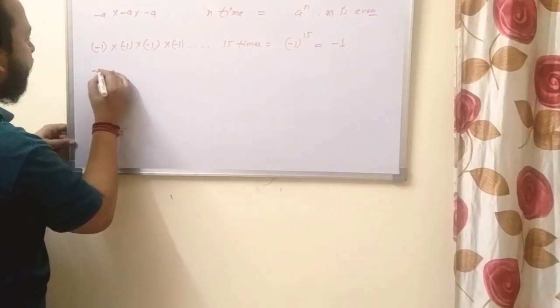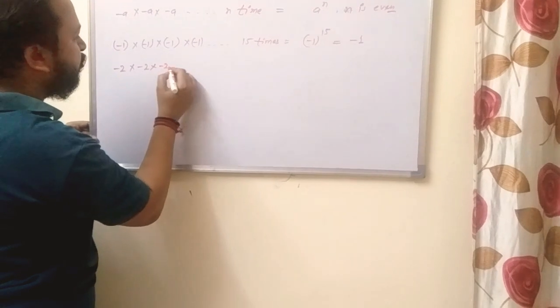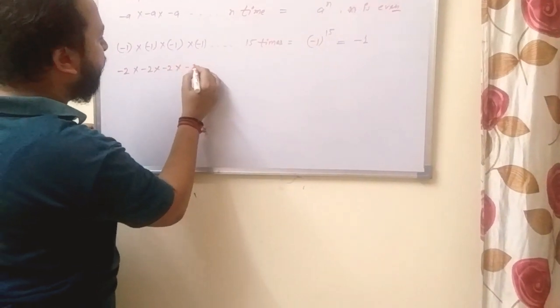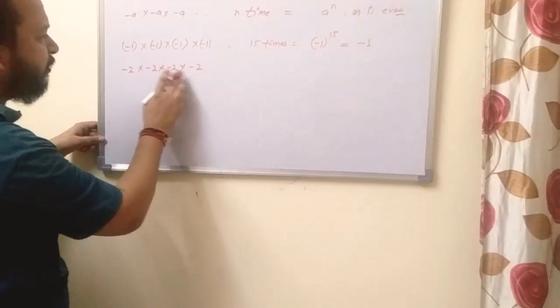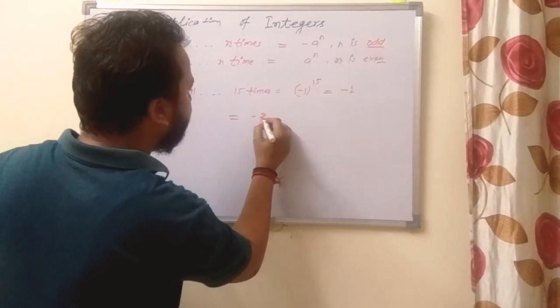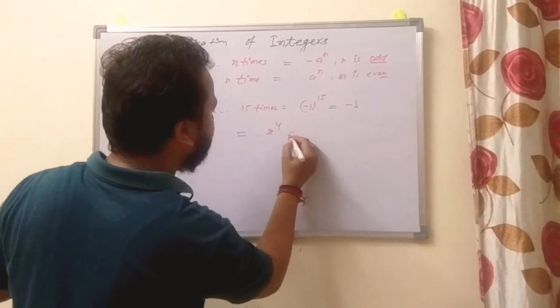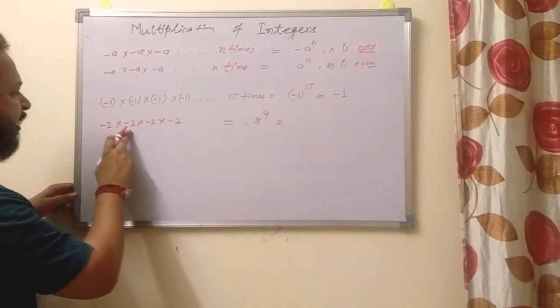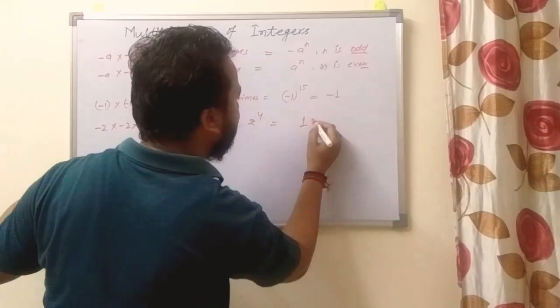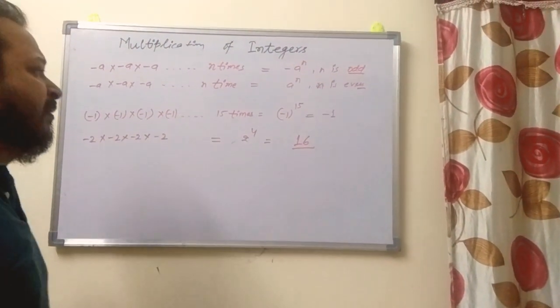And if it is written as minus 2 multiplied by minus 2 multiplied by minus 2 multiplied by minus 2, it is written 1, 2, 3, 4 times. So the result is minus 2 to the power 4, or 2 to the power 4 you can say. So 2 to the 4 is 8, 16. So the result is 16, right?